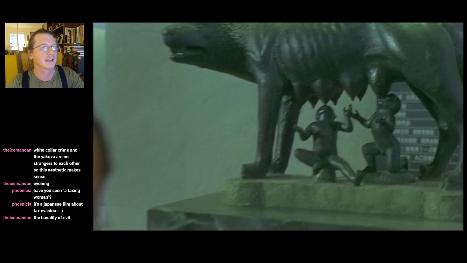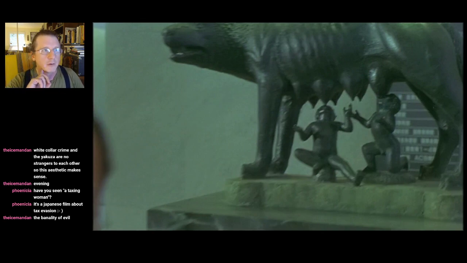There's a myth about the founding of Rome that Romulus and Remus, the twin brothers who were Rome's founders, were suckled by a wolf in the wilderness. That's how they gained such strength to found a city that could be the center of an empire that could functionally be the entire world. Whether that's geographically true or not, spiritually and conceptually it found grounding for many people in the Roman Empire. And so that's the statue.